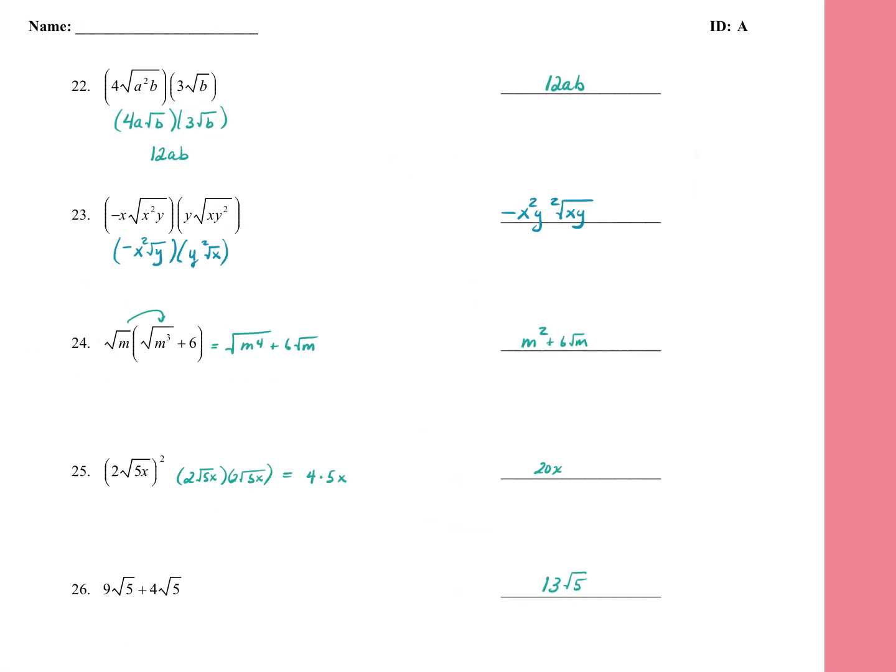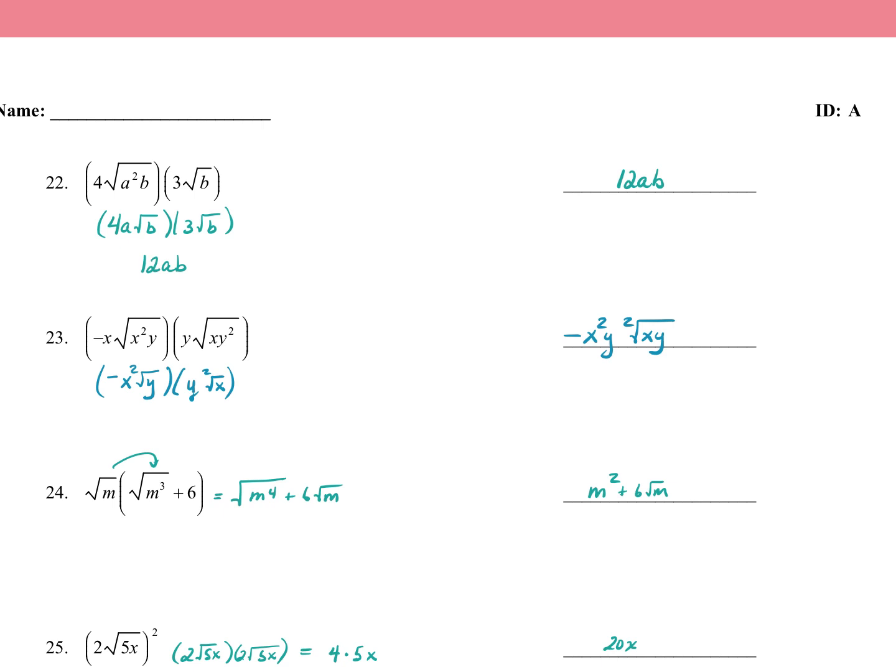All right, 22, 12ab. 23 negative x squared y squared, and then the square root of xy. Actually, that's not y squared, right? That's just y. Oh, no, it is y squared.